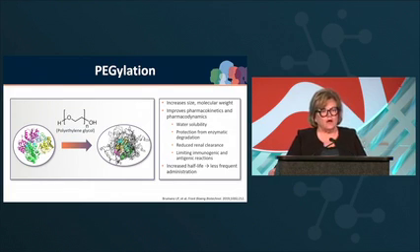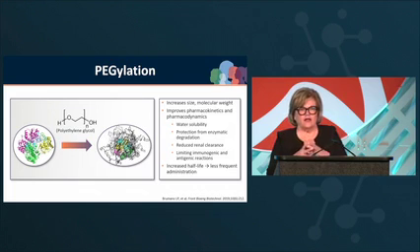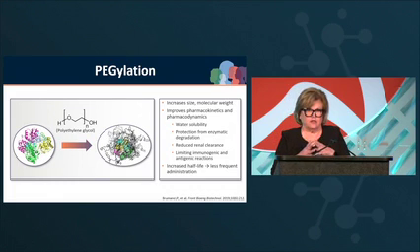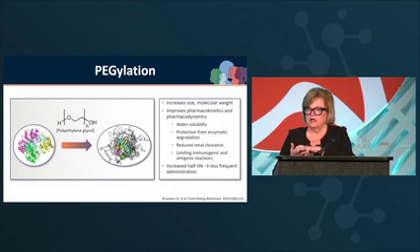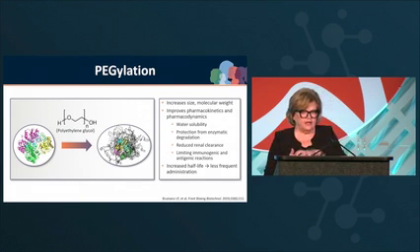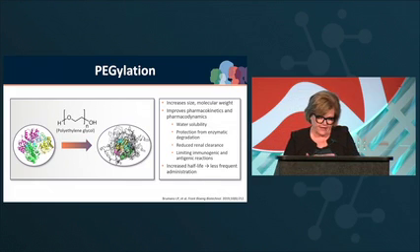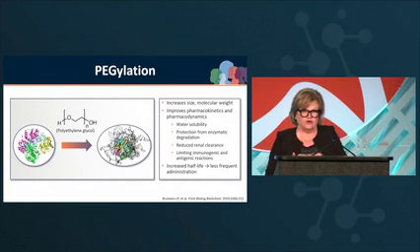And this is why a lot of our vaccines now have pegylation coupled on as a vehicle, particularly, if you remember, the COVID vaccine is also a pegylated vaccine. And it will also increase the half-life.